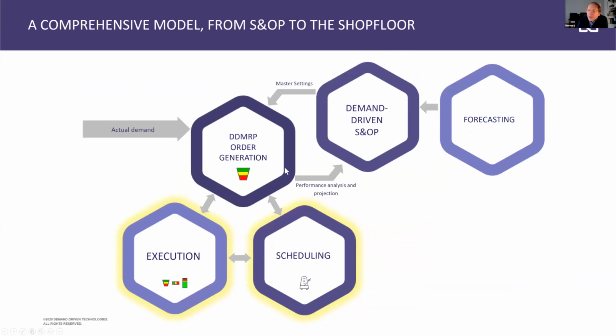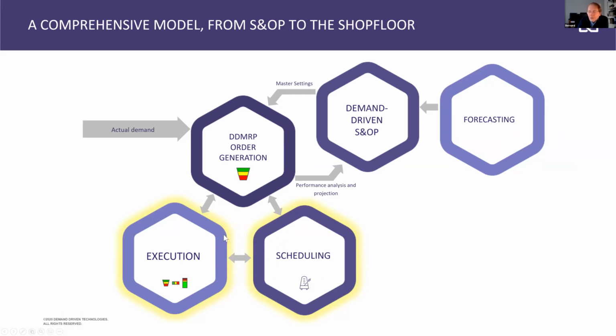Sales and operations planning helps us set the right parameters for our supply chain, for our inventory buffers, etc. But then when the DDMRP order generation logic generates work orders, you enter the scheduling step, which is basically defining, with a finite capacity process, the due dates and when each work order may run on a given operation.